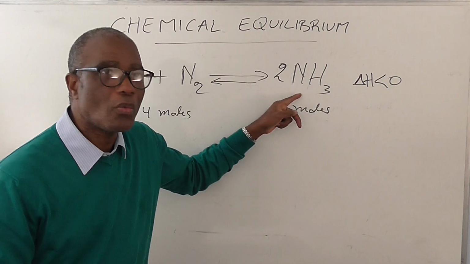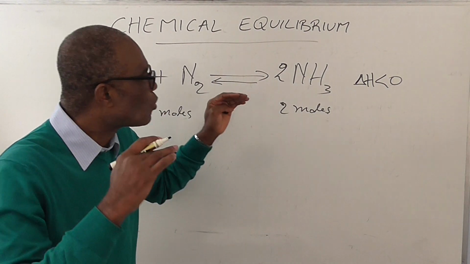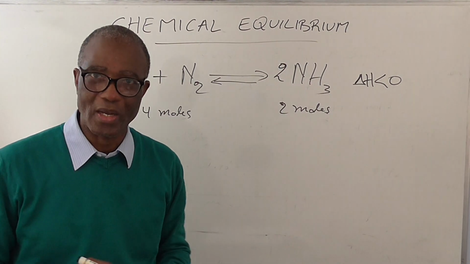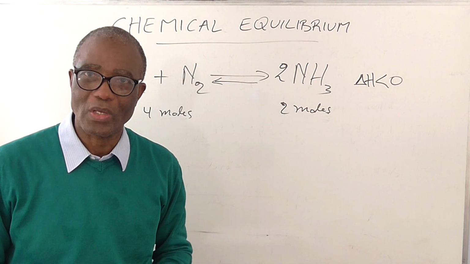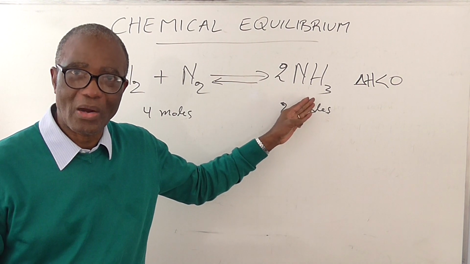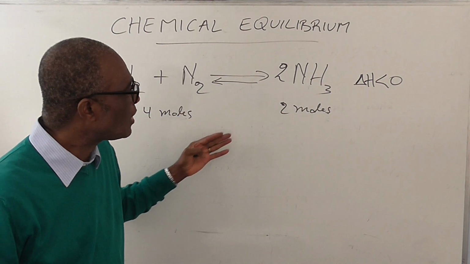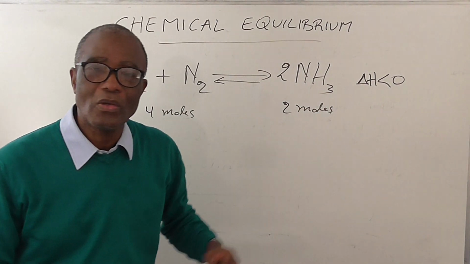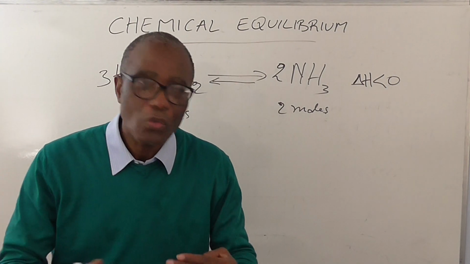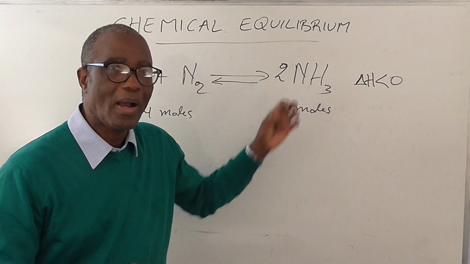So the increase of the pressure will produce more ammonia. Okay? We need high pressure to produce ammonia. In industry, as we see, we need to increase the pressure to get more ammonia.